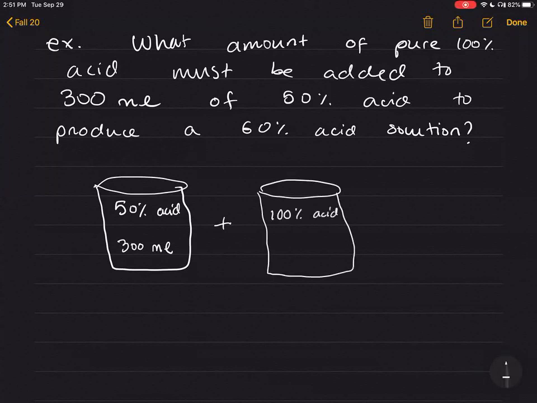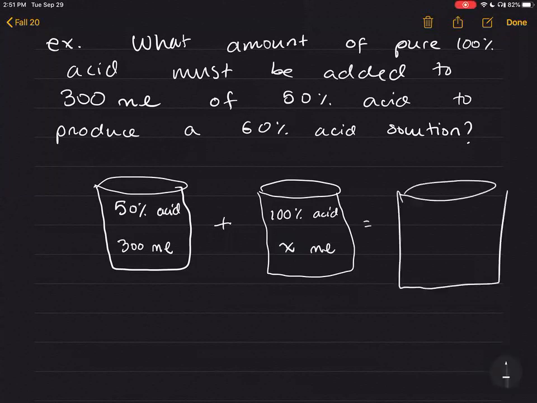We have no idea how many milliliters we need of it, right? That's what we're trying to find. So I'm just going to write x. And then we know we're going to mix it all into a big tub of, we want it to be 60% acid. And we know that the final volume is going to be these two added together. So it's going to be 300 plus x milliliters, right?